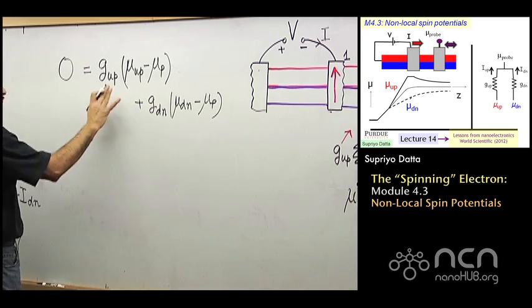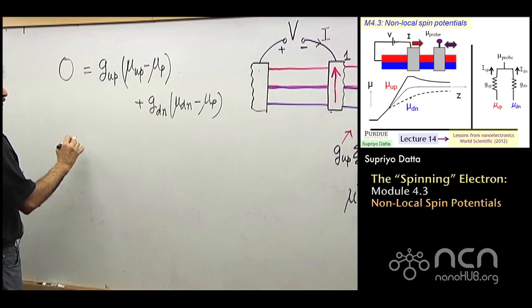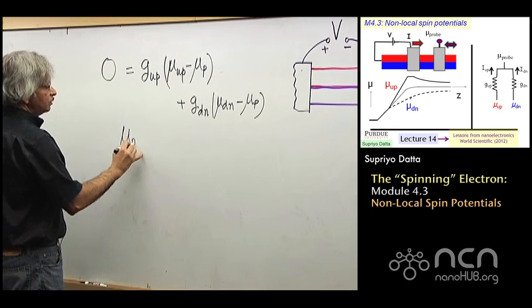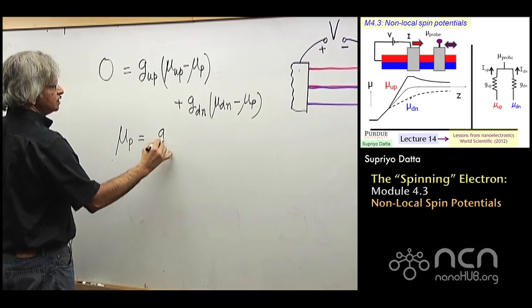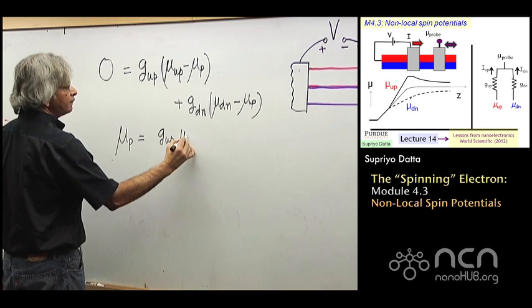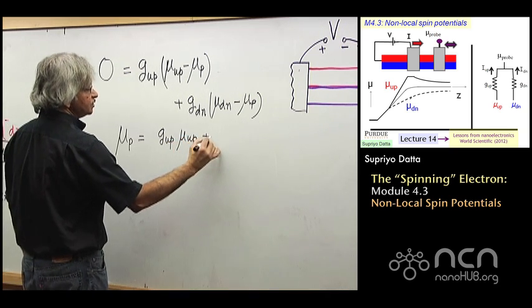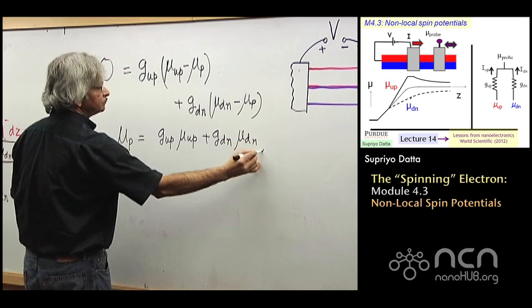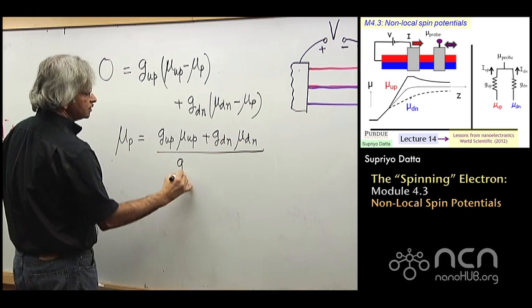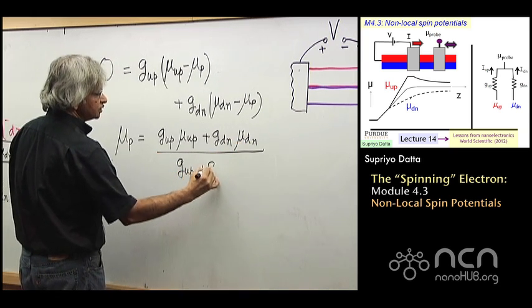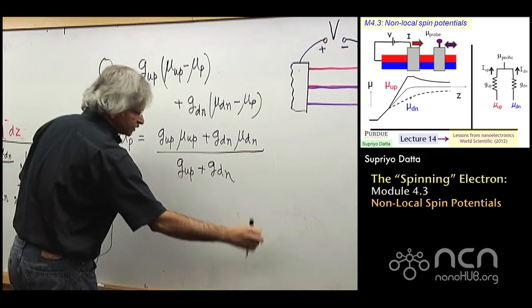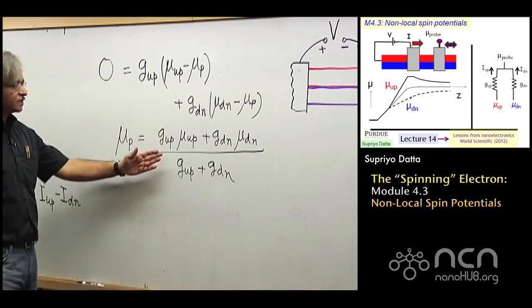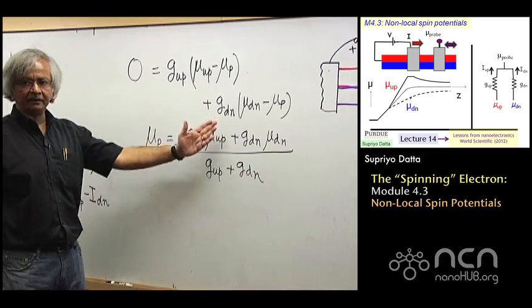And then just one line of algebra and you'll get mu probe is equal to G up mu up plus G down mu down divided by G up plus G down. That's it. So this is what you'd measure with a parallel magnet.